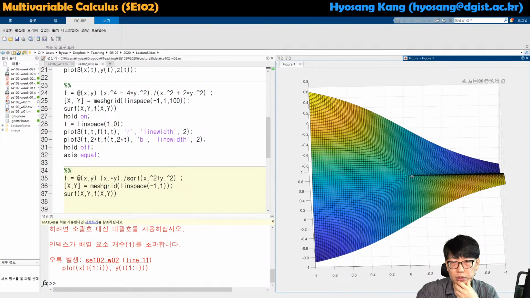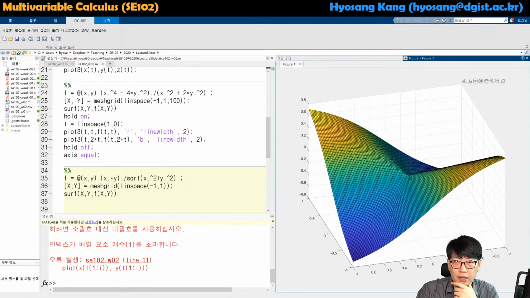It doesn't have a hole, it doesn't have a valley, like a steep line. It connects at (0,0), but it's not smooth. So what's the difference between this kind of picture and a saddle point, a really smooth surface? The difference between this pointy surface and a smooth surface is that when you take a differential of this two variable function, it is not continuous. But if you have a smooth surface, you can take a differential anywhere.